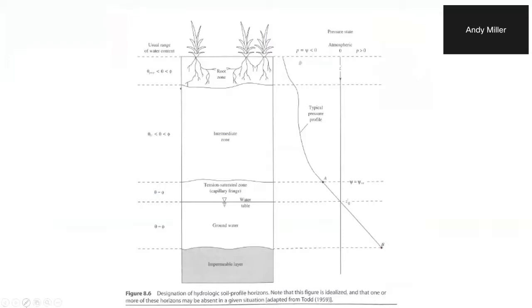And then above the water table, you have this narrow zone where, because of the tension exerted by the pores pulling water into them, you actually have this capillary fringe, the zone where the pores are all filled with water, but they are not causing positive pressure because they're being held in those pores by tension.